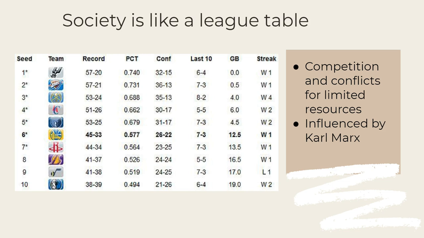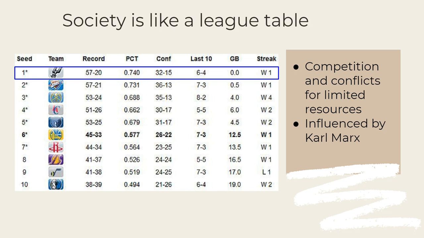So an analogy for the conflict theory is to see society like a sports league table. All the different sport teams below number one all want to be number one, and so they're all competing with each other in order to be in the number one position.